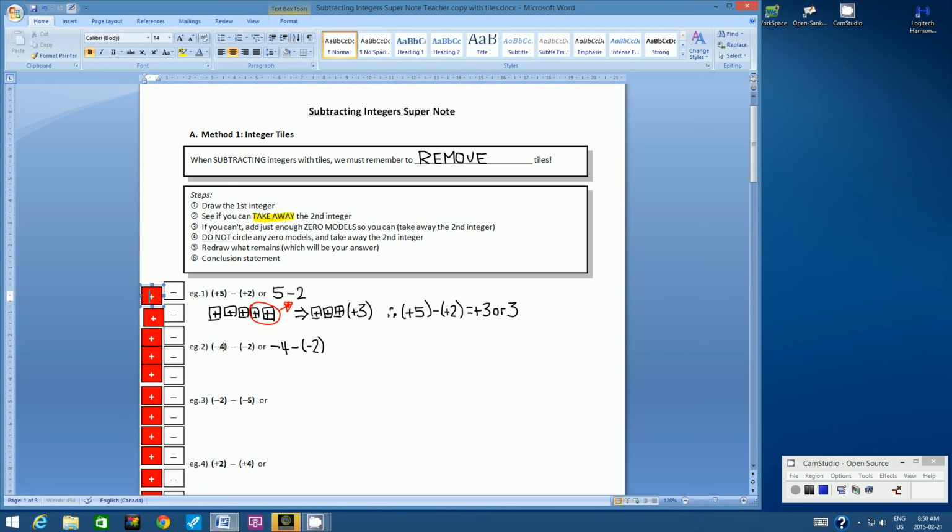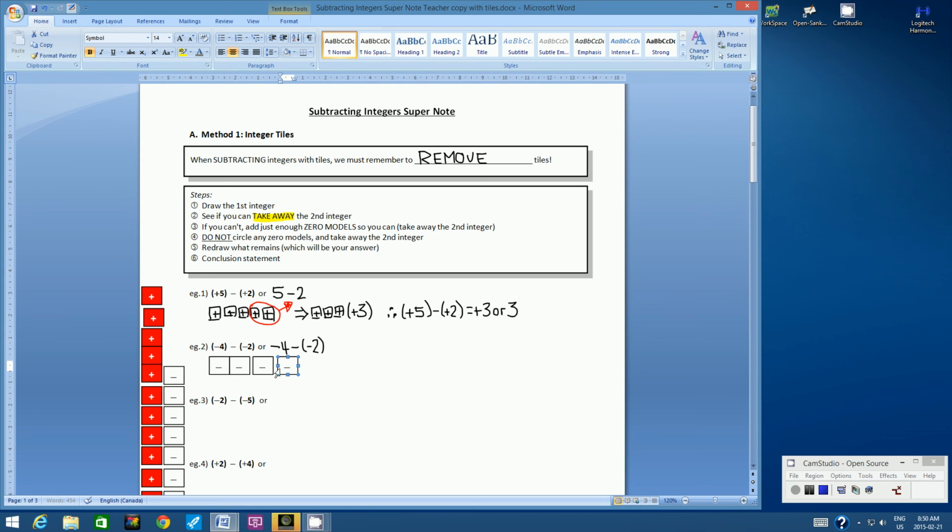Let's go through the steps. Let's build the first integer. The first integer is -4. So let me bring over 4 negative tiles. See if you can take away the second integer. Well, the second integer is -2.